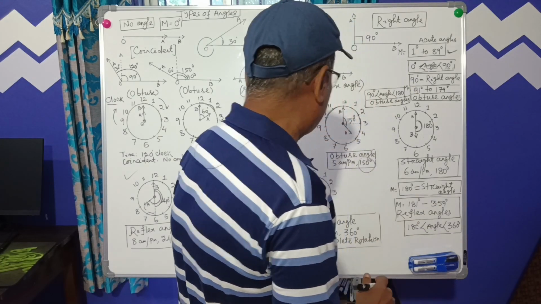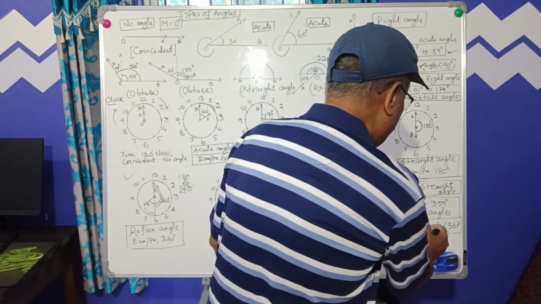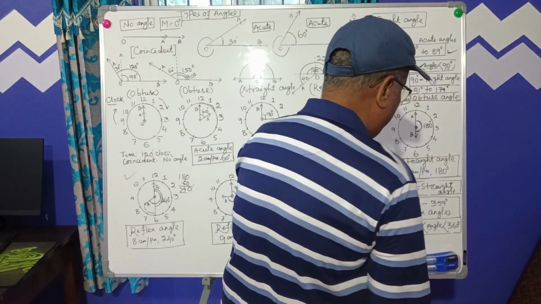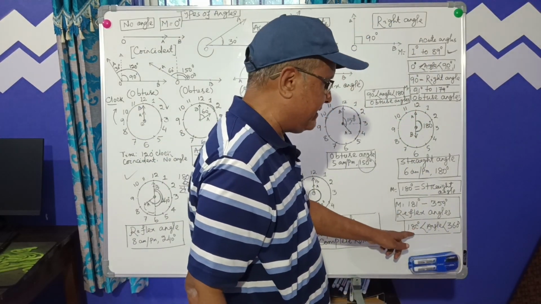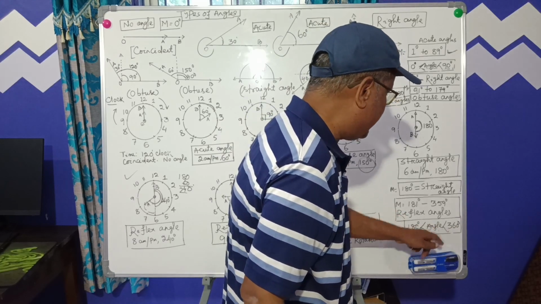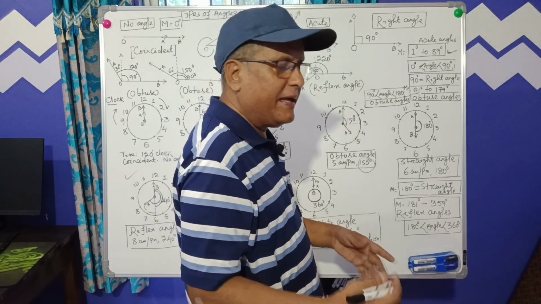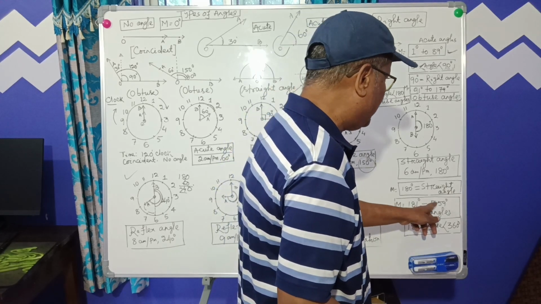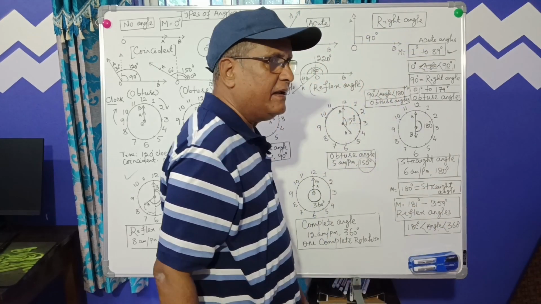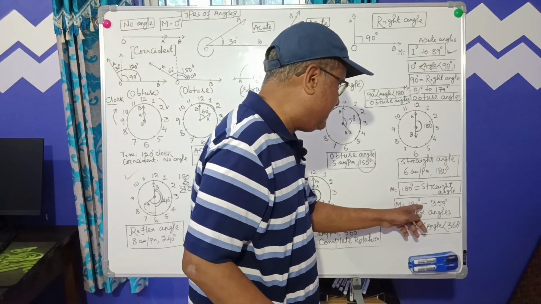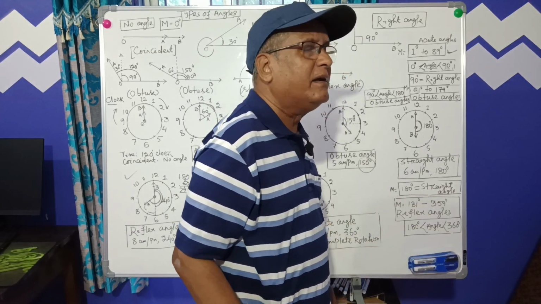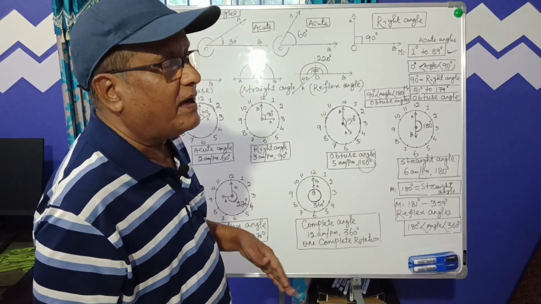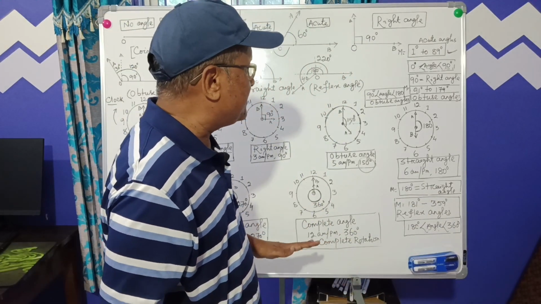So we can write the reflex angle is greater than 180 and less than 360, and the measures may vary from 181 to 359. If these values are within this range, the angles are called reflex angles.